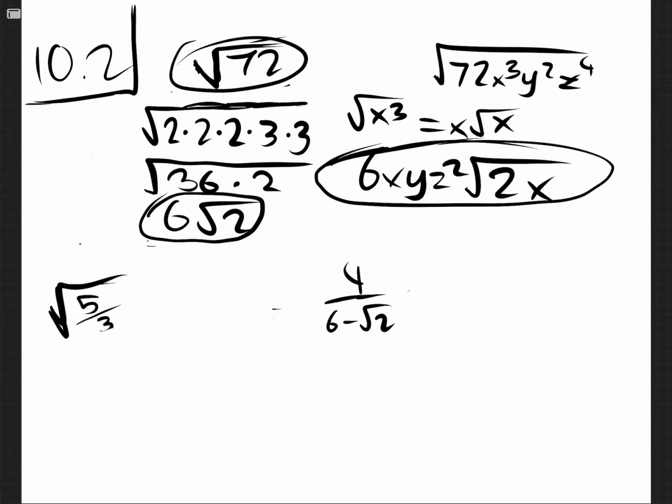Okay, so with radicals, there's a rule that there cannot be a fraction inside the radical, and there also cannot be a radical in the denominator.